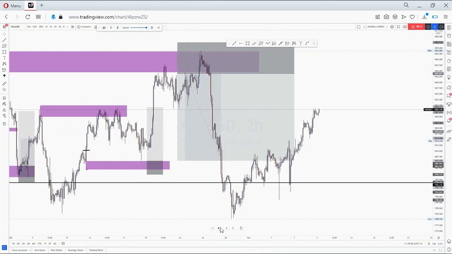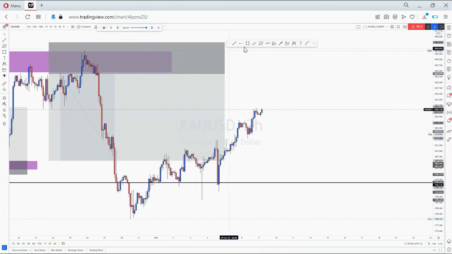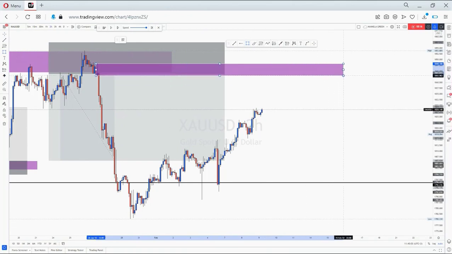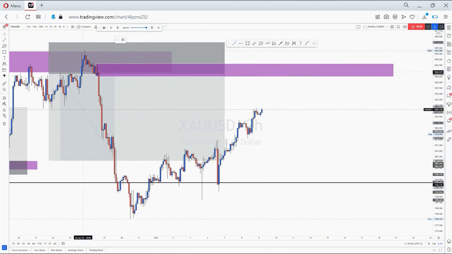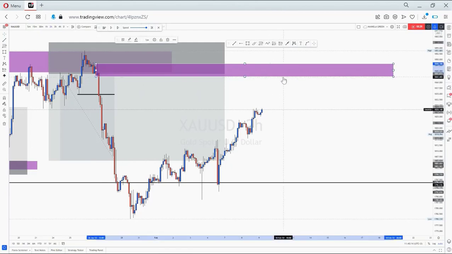I thought maybe since they had the break of structure here, and then they gave us this supply zone here, they will respect this one and continue going down. And this was last week's setup.